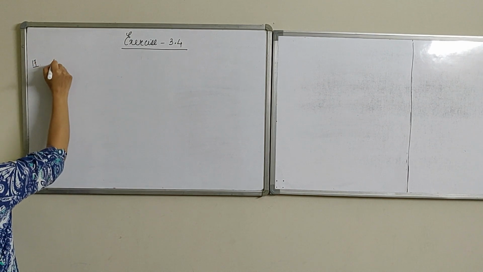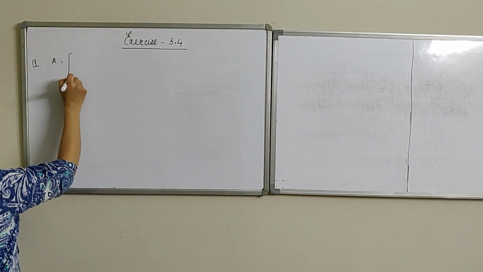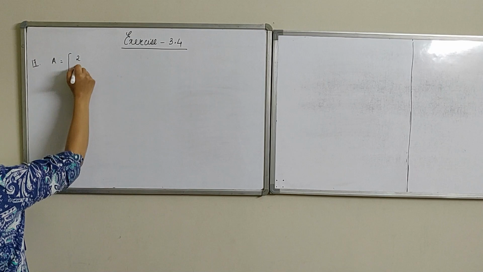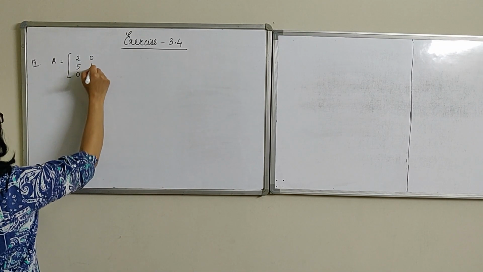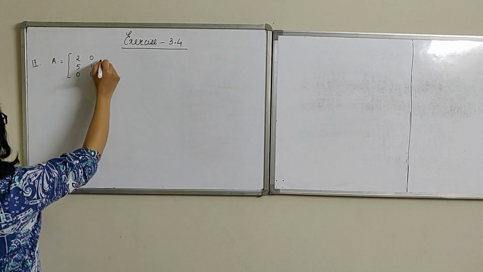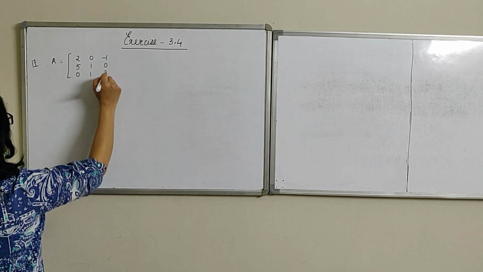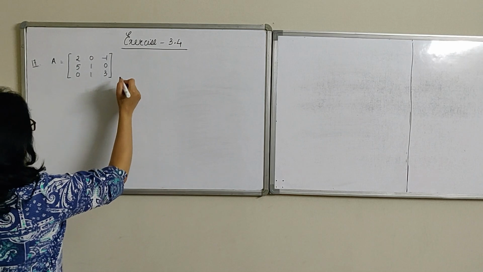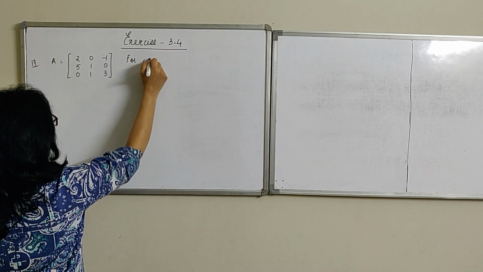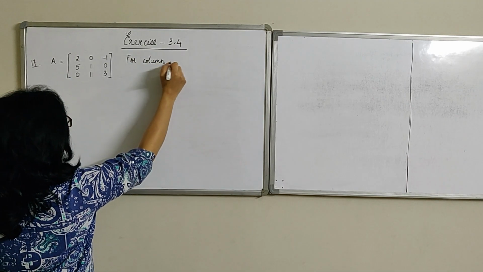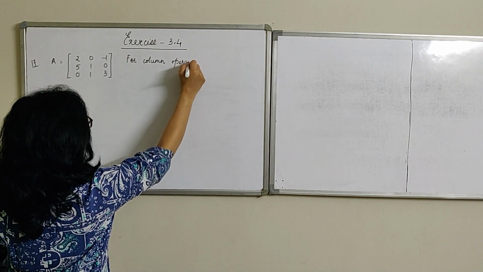17th question, a 3 by 3 matrix is given. First column 2, 5, 0, second column 0, 1, 1, third column minus 1, 0, 3. Now we know for column operations, this is an important statement and should be written in every question.